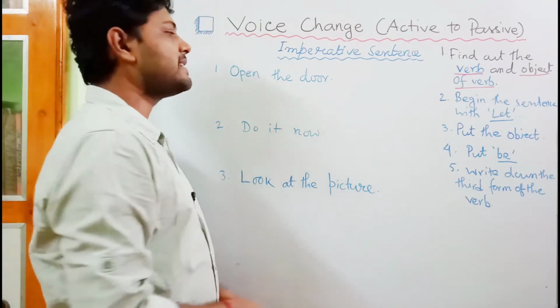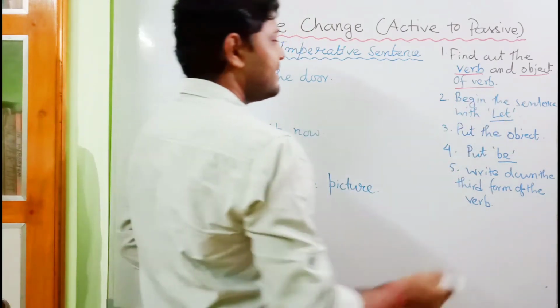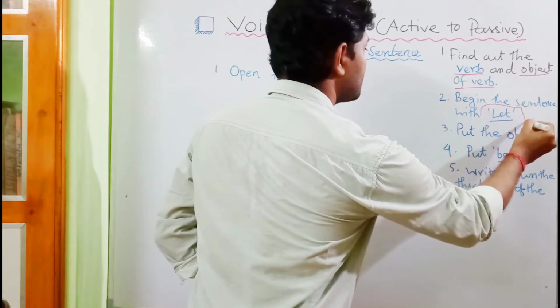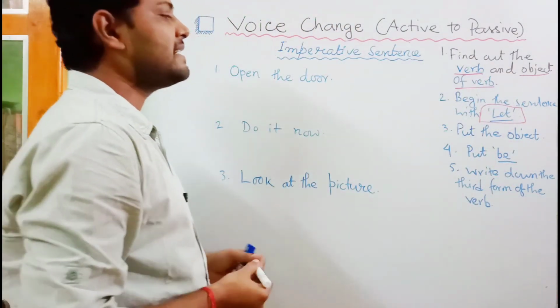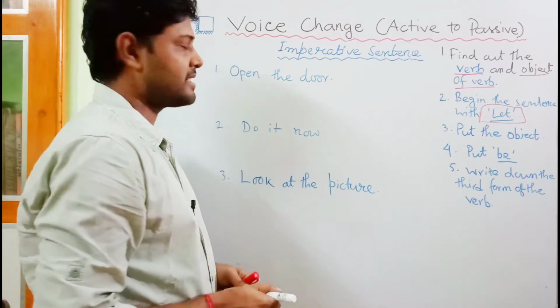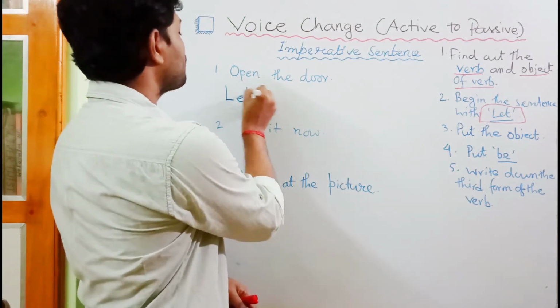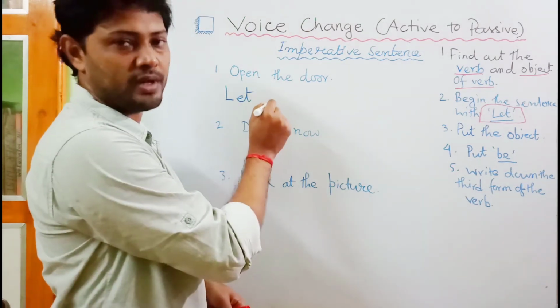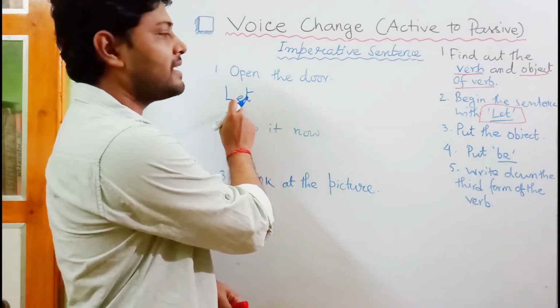The second point is that we have to begin the sentence with let. We have to write the sentence in the passive voice by starting with let. This is mandatory for the first method. We have to first write down the word let.